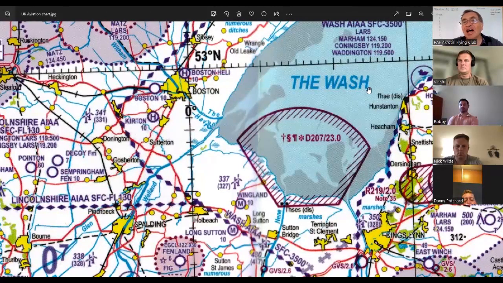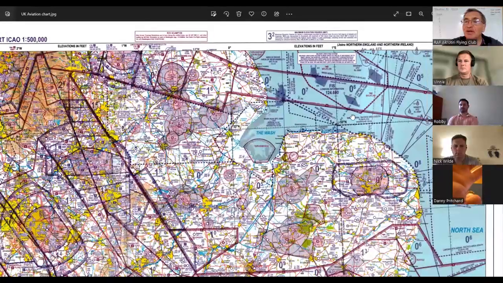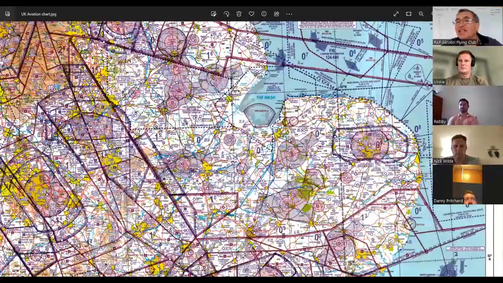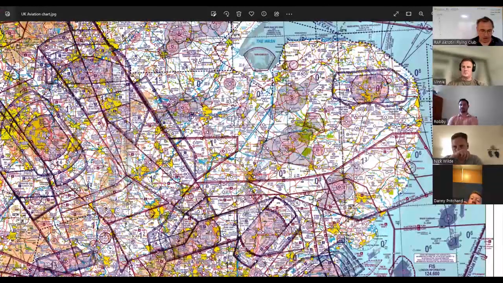So luckily, though, lines of latitude are much more straightforward. If we look at the lines of latitude, you see this is 53 degrees, runs all the way across the UK there. This is 52 degrees, runs all the way across there.